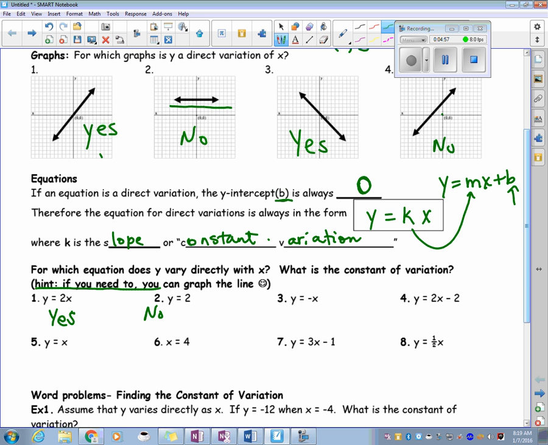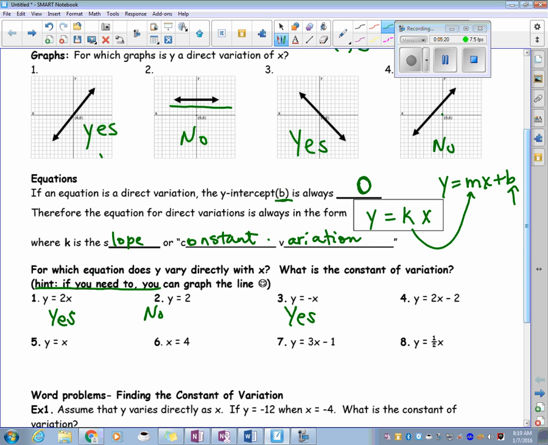How about number 3? Is that a direct variation? Yes. The k is negative, and that's okay. K can be negative. K is -1 in this case. It does go through the origin, doesn't it? And b is 0, so this is a direct variation.